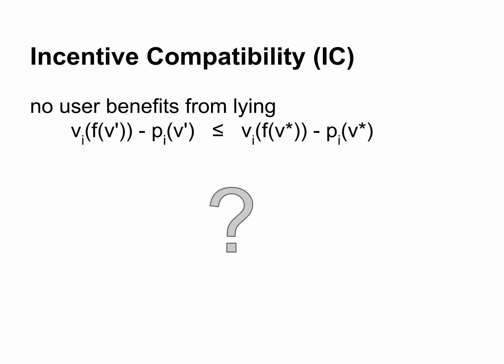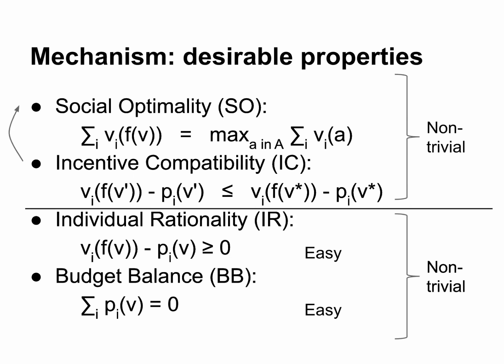And last but not least, incentive compatibility. How on earth are you going to enforce that the users don't lie? A few slides before the answer, it's actually possible, but first, a recap of all the four properties. Individual rationality and budget balance, each by itself, are easy.